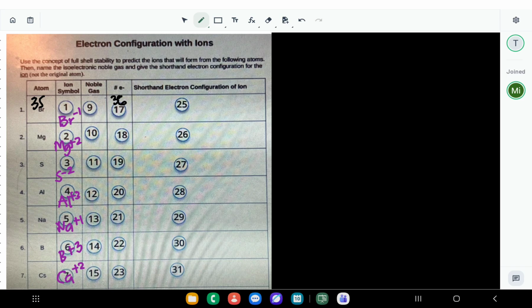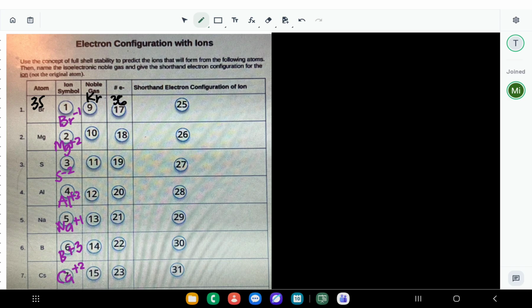So we will just write krypton here and follow the problem we previously solved, the iodine one. We'll write krypton there because we already added 1 electron.